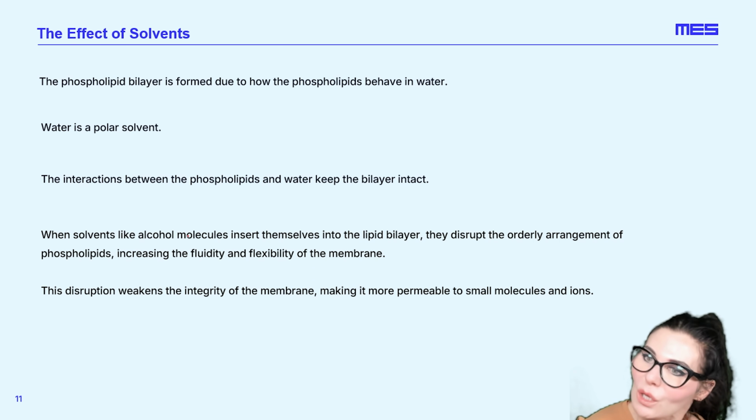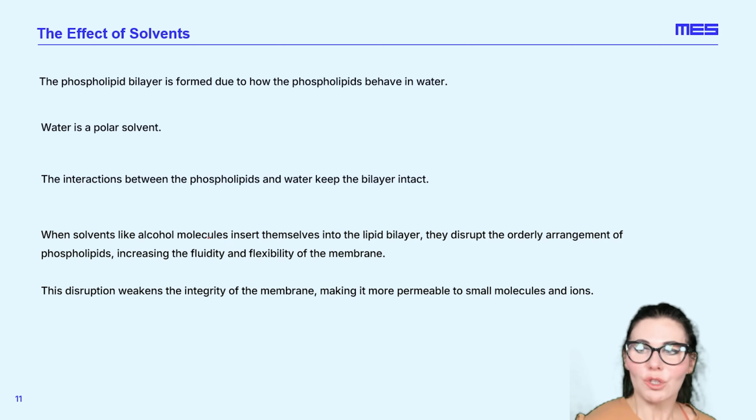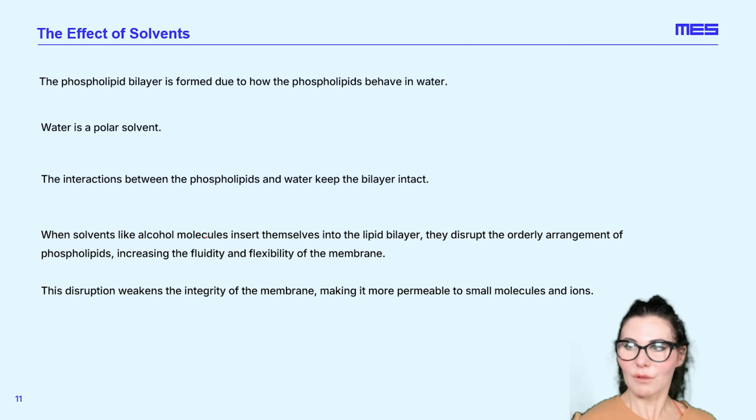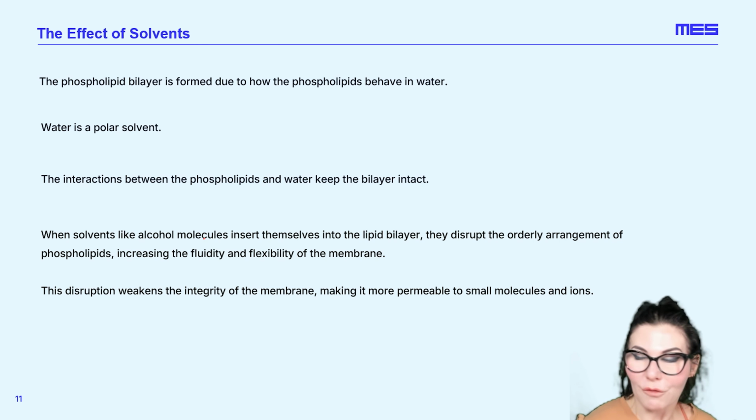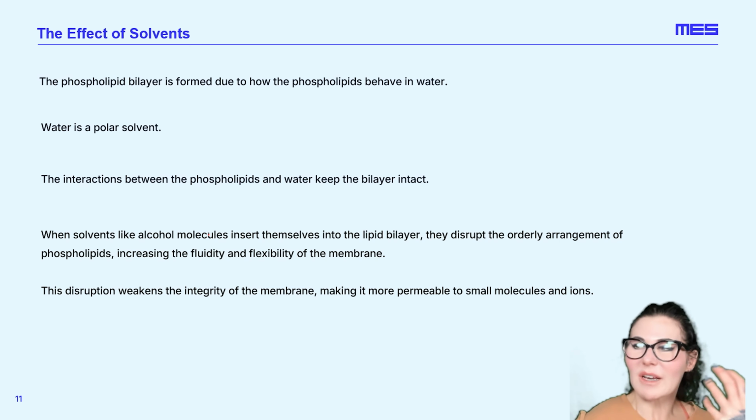Now, a solvent like alcohol, ethanol typically, alcohol generally will insert itself into the phospholipid bilayer in between the phospholipid tails, and it breaks the bonds that keep the orderly pattern and arrangement of the phospholipids with each other.